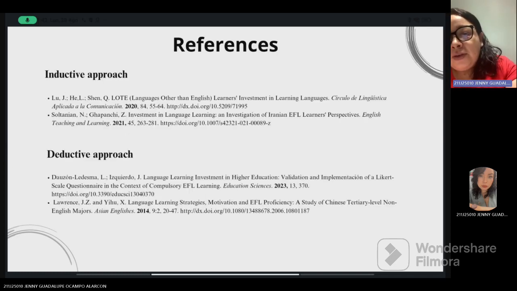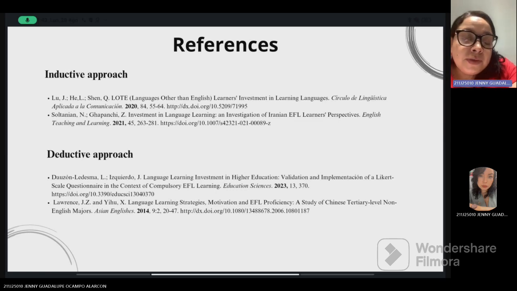For example, if we see the second article, Investment in Language Learning: An Investigation of Iranian EFL Learners' Perspective.